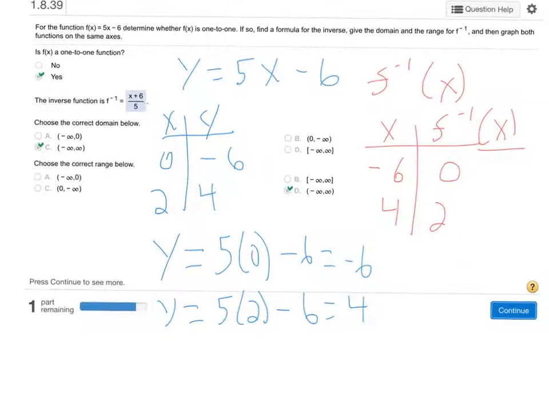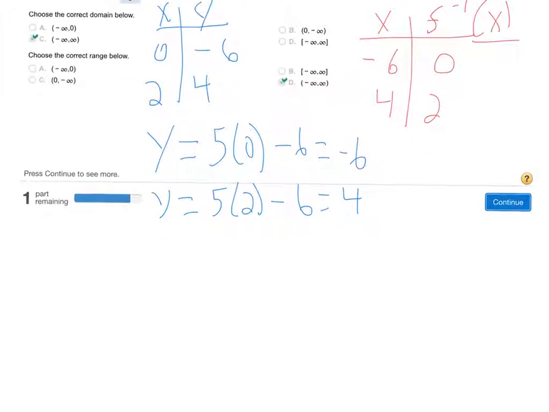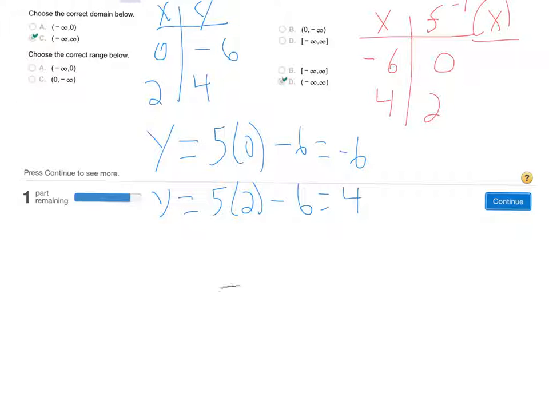Need a little bit more space here. So I draw my two axes here. I want to draw the graph. And so let's see, if I do this one in blue, (0, -6) will be somewhere down here. And then (2, 4) will be somewhere here.